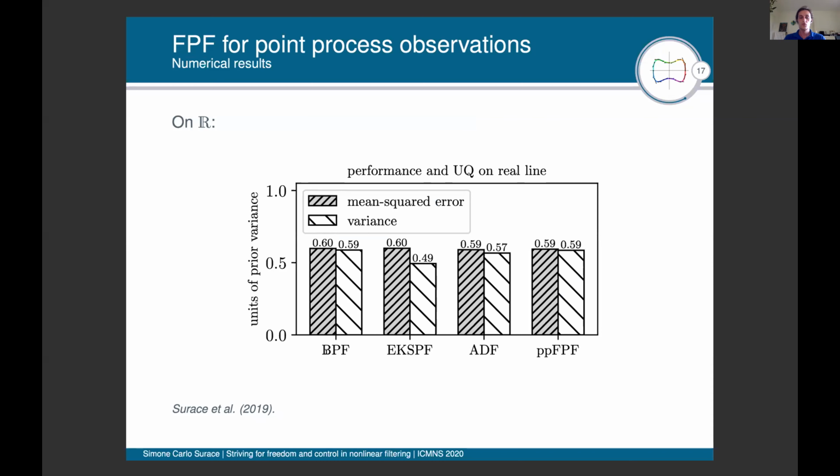So these are the bootstrap particle filter, the EKSPF, which was this previous approach, a simple assumed density filter, and this would be our filter, which is a point process feedback particle filter. And really the performance in terms of mean squared error is the same across all filters in this case, but the variance in the EKSPF is really underestimated here, while all the other filters, even a very simple ADF, take into account the proper uncertainty.